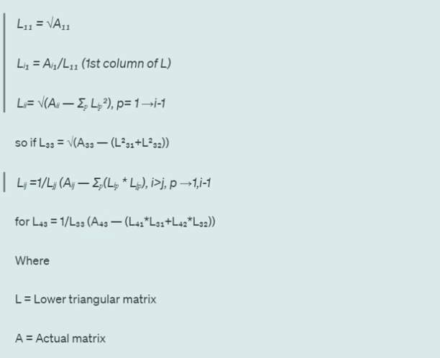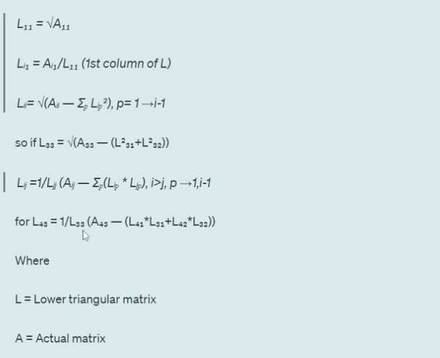Now moving on to all the remaining elements of this lower triangular matrix, that is Lij, we will be using this particular formula: Lij equals 1 upon Ljj, that means the diagonal element, times Aij minus the summation over Lip into Ljp, where i is greater than j and p goes from 1 to j minus 1. If you look at an example, if you are calculating L43, that is the fourth row, third column, it would equal 1 upon L33.